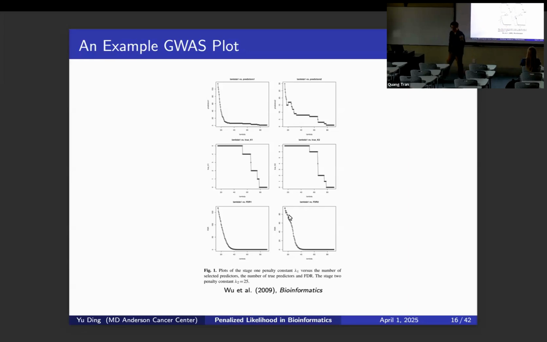According to these three plots, we can see that definitely a smaller value of lambda is not good, because we tend to have too many false positive signals, right?